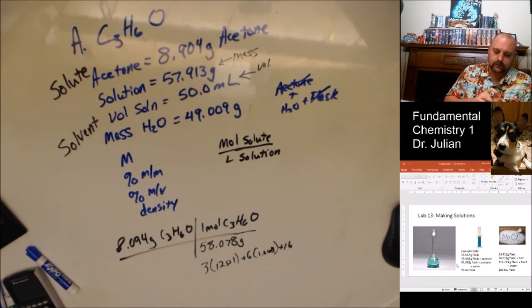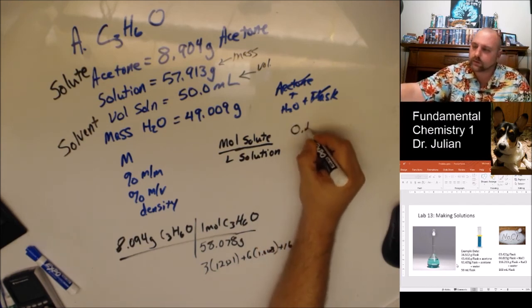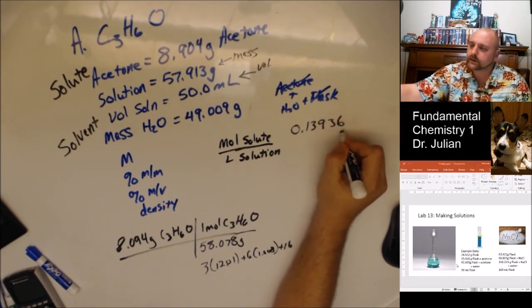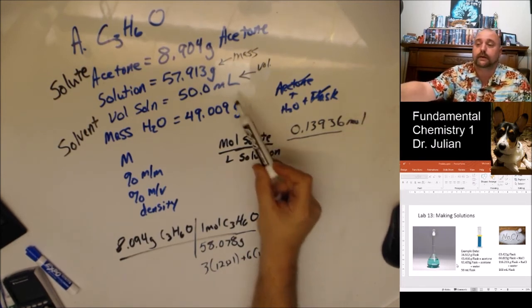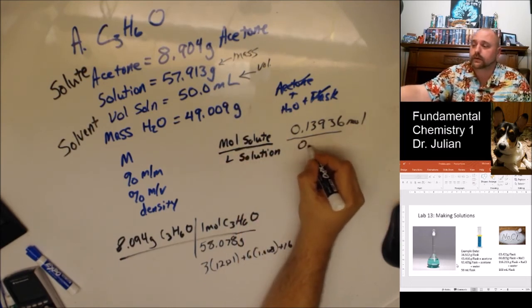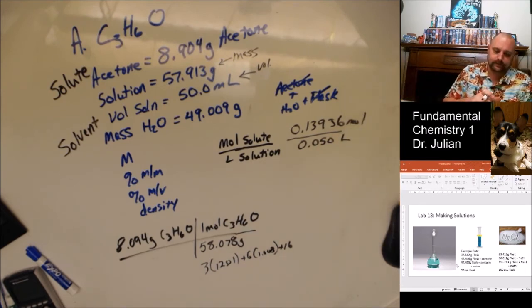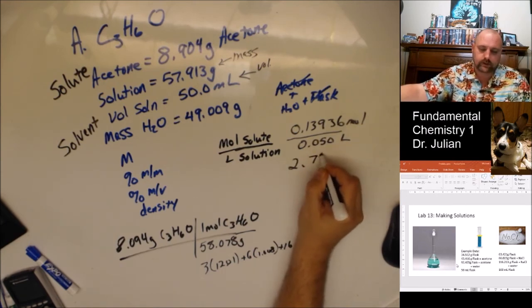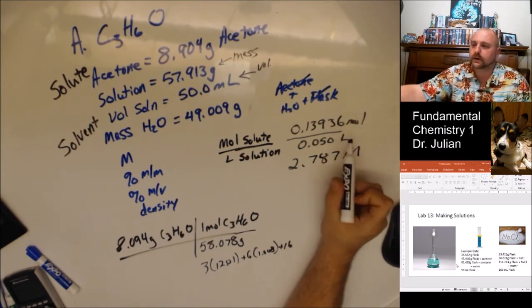So 8.904 divided by that answer. This is 0.13936 moles. Now, how many liters did I have? Well, I have milliliters. And I'm going to go ahead and convert that over to liters. And I get 2.787 moles. Molarity. Let's see.